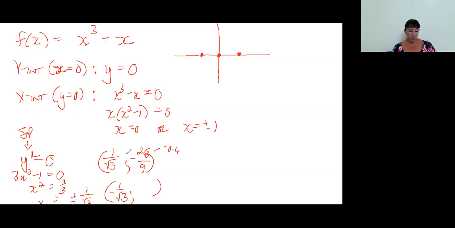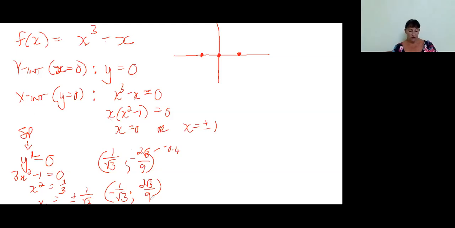In fact, before I do that, I'm just going to go back and change this to a negative 1 over root 3. So that would become a plus, and that would become a minus. And then just tell me if you agree with me or you don't agree with me.